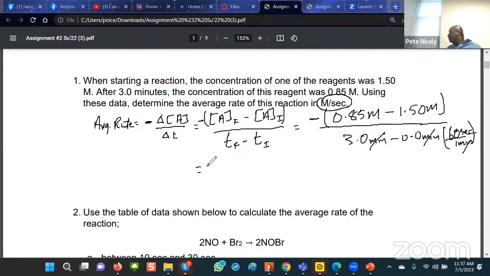Okay, so according to my calculations, the answer I got, and you can tell me if I'm correct or not, I got 3.6 times 10 to the minus 3 M over S. All right.